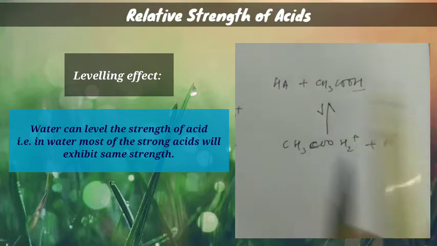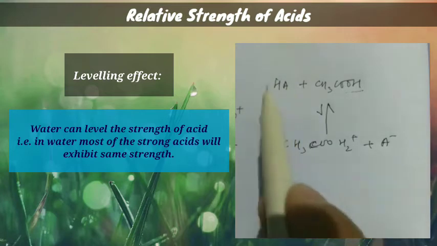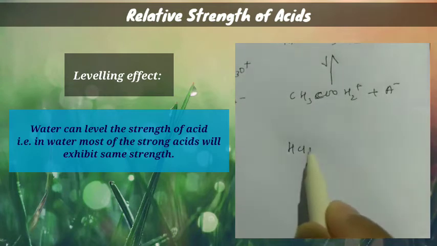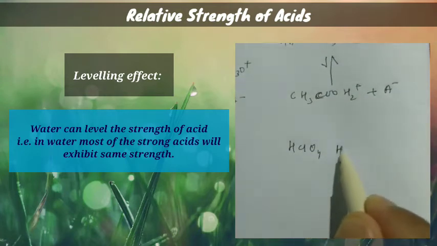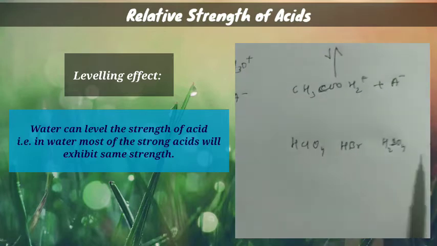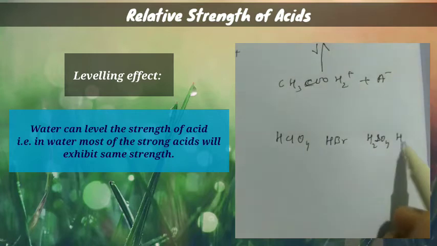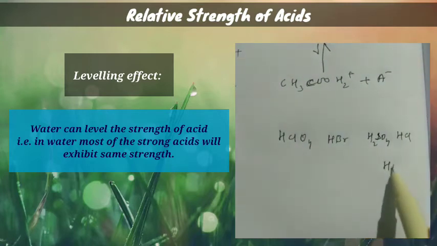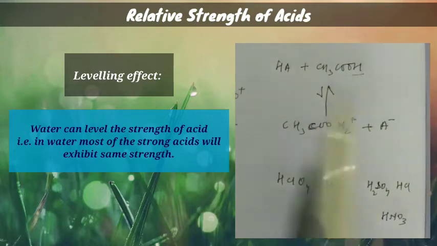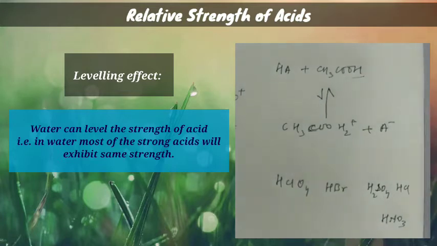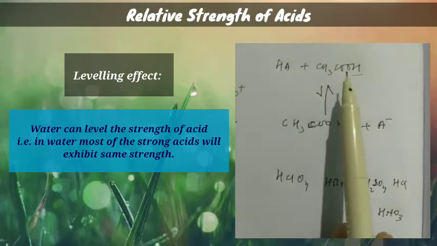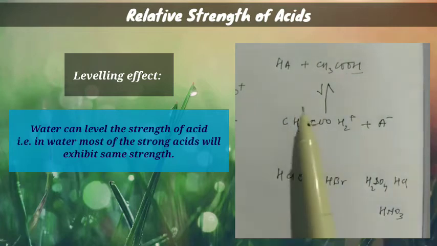If you use different acids, like HClO4, hydrogen bromide, H2SO4, HCl, or nitric acid HNO3, and add them to glacial acetic acid, they will react with acetic acid.